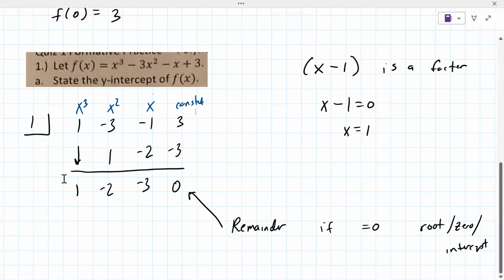With synthetic division, what is the new polynomial? It would be 1x squared, and then -2x, and then -1x or -1. Where are you getting that -1 from? Oh, I mean -3. Yeah, there you go. So it becomes the constant.